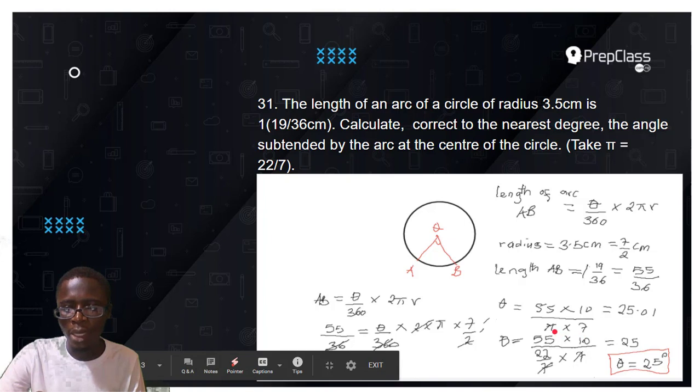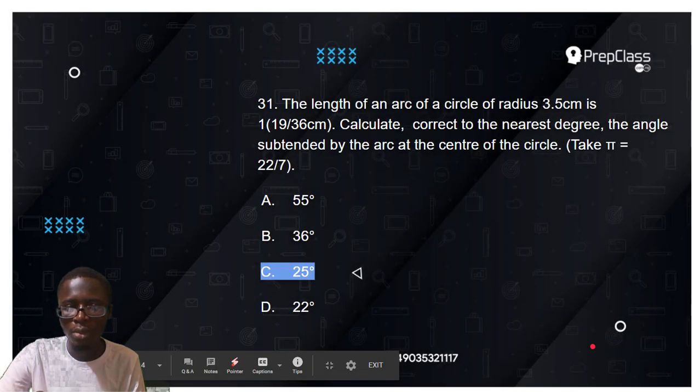So the value of pi is given as 22 over 7, 7 cancels 7. So what we have is 55 times 10 all over 22, which is approximately 25 degrees. So, to the nearest degree, the angle subtended at the center of the circle is given as 25 degrees.